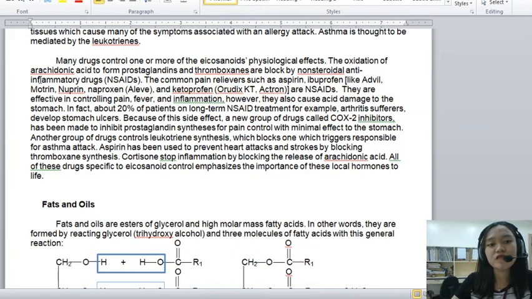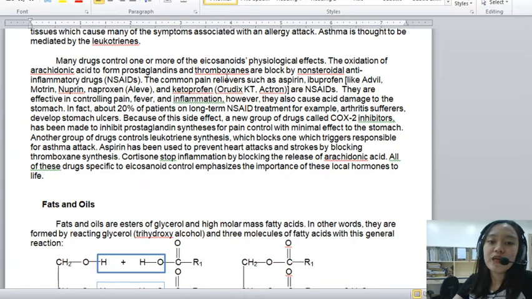So, the oxidation of arachidonic acid to form prostaglandins and thromboxanes are blocked by non-steroidal anti-inflammatory drugs or NSAIDs. Okay, so remember, your NSAIDs prevent the conversion of your arachidonic acid to eicosanoids para ma-prevent mo yung biological or physiological effects nila.